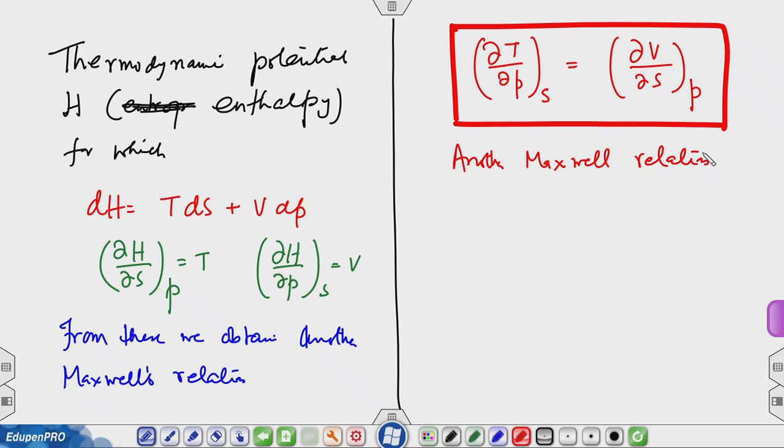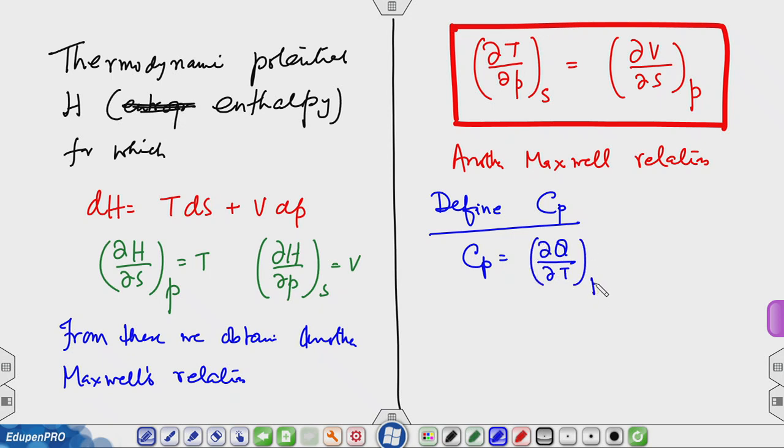Now, let's define the constant. As I said, enthalpy comes in handy when we talked about constant pressure processes. So, now we will use this to define Cp, that is specific heat at constant pressure. Now, Cp is equal to partial derivative of Q with respect to T at constant pressure for a reversible process.